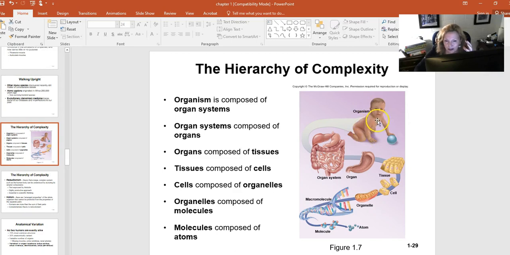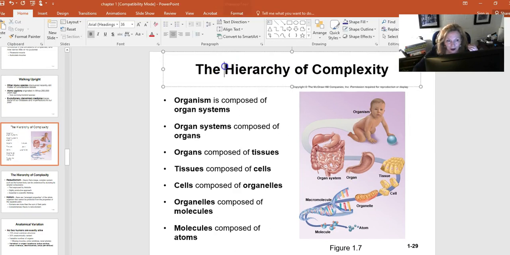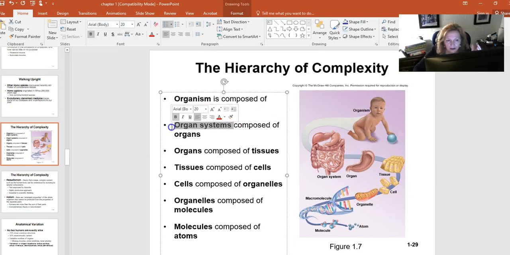So the organism. Now you might think, let's start here, because that's going to be the most fun. But we really can't, because we are made up of our parts, right? So an organism, if you think about this hierarchy, and I really need you to know this forward and backward, is composed of organ systems.